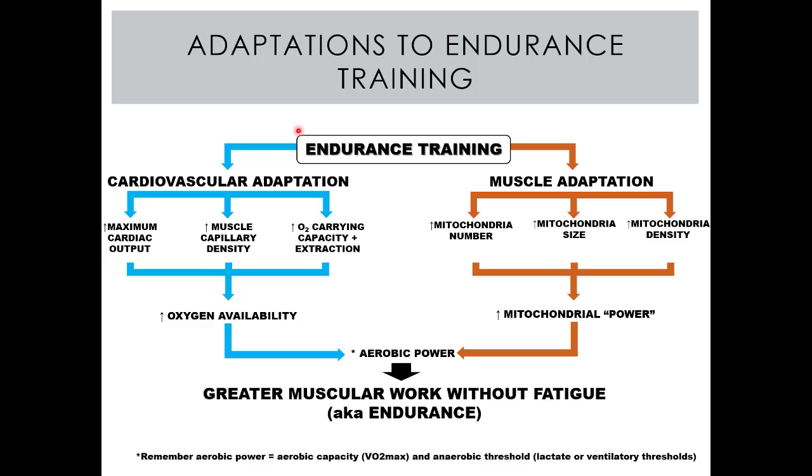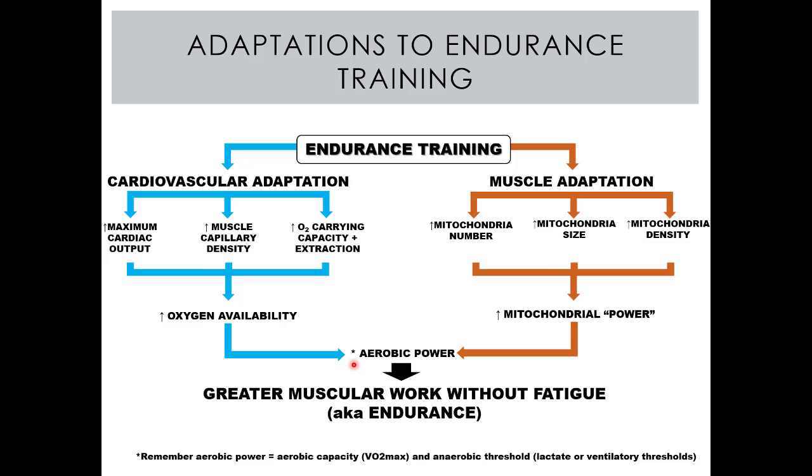Now, the adaptations to endurance training are multifactorial and multi-organ, all converging to improve aerobic power, which again is a function of aerobic capacity as measured by VO2 max and anaerobic threshold as measured via lactate or ventilatory thresholds.